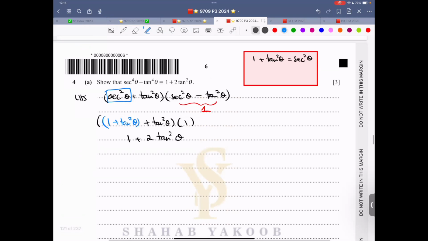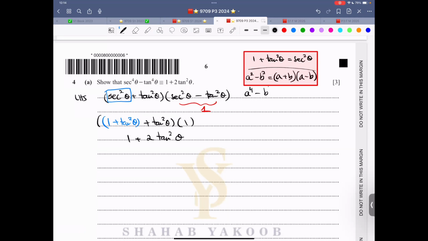So now over here, question number 4. It says, show that sec power 4 theta minus tan power 4 theta is 1 plus tan square theta. We want everything in terms of tangent. Now remember the rule, a square minus b square is a plus b, a minus b, a very, very useful thing.